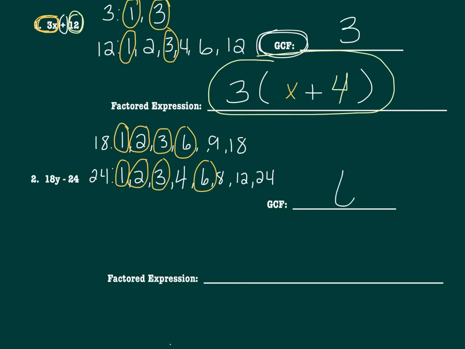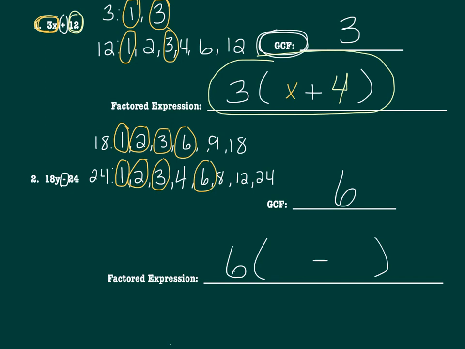That would be 6. So now to do my factored expression, I'm going to take that greatest common factor and pull it outside the parentheses. Again, I'm going to keep that symbol the same, so this time we were actually subtracting. So we're going to subtract inside the parentheses. And now to figure out what stays in the parentheses, we simply divide.